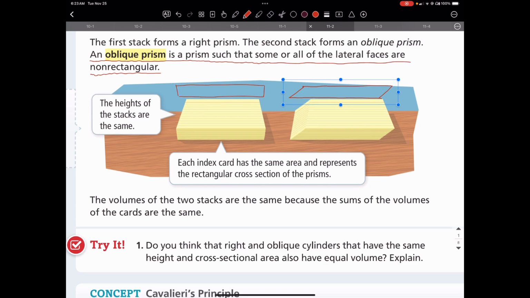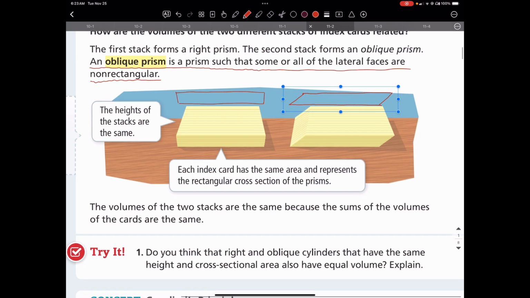All right, so the volumes of the two stacks. The heights of the stacks are the same. Each index card has the same area and represents the rectangular cross section of the prisms. The volumes of the two stacks are the same because the sum of the volumes of the cards are the same. So, looking right here, do you think that the right and oblique cylinders that have the same height and cross-sectional area also have equal volume?